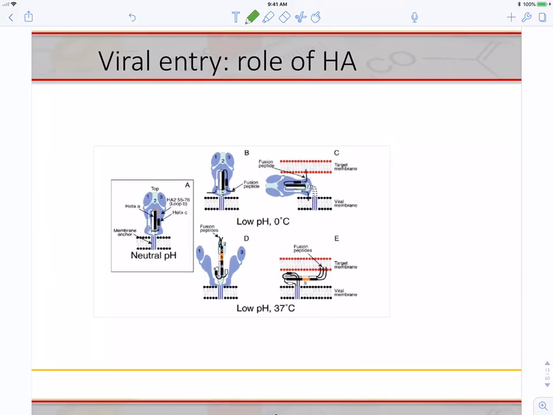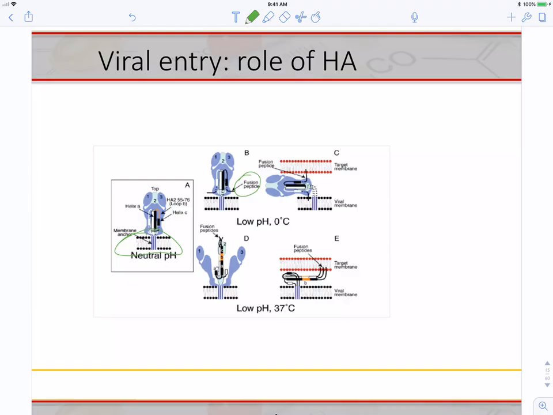So let's look at the role of hemagglutinin in viral entry. We have hemagglutinin expressed on the membrane of the virus, and it's a trimeric protein, and it's extended out from the virus. In its folded form, it hides what we call a fusion peptide, which is an unfolded peptide that is in charge of fusing the viral membrane with the host membrane, or in this case with the endosomal membrane.